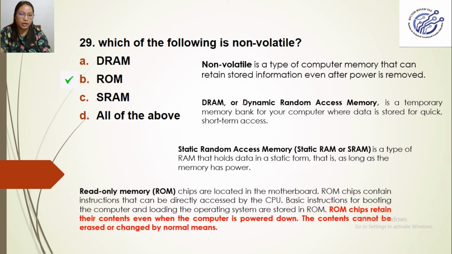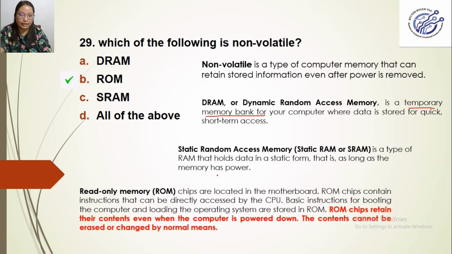So, yung DRAM or Dynamic Random Access Memory is a temporary memory bank of your computer where data is stored for quick and short-term access. So, temporary lang po siya. So, hindi po siya matatawag na non-volatile. So, kung meron tayong dynamic, meron din tayong static random access memory.